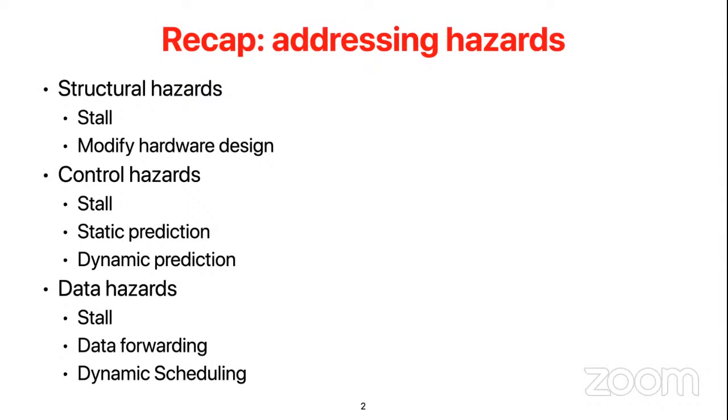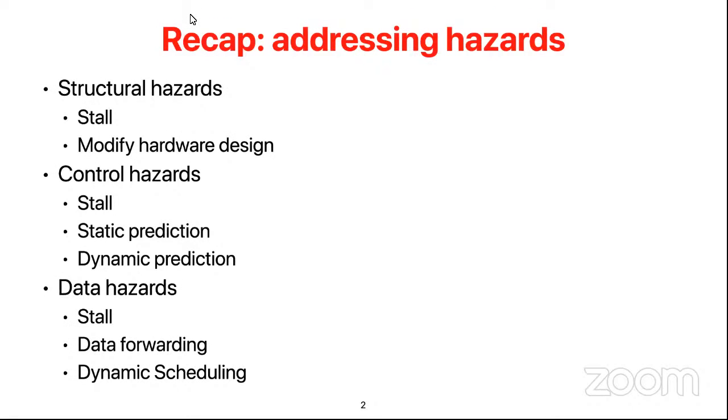However, it's so hard to achieve that because we have three different types of hazards. Structural hazard, meaning that the hardware is not allowing two instructions to access the same unit concurrently. Control hazard, meaning that we have an issue of determining which is the next instruction to fetch. And data hazards, meaning that we have a problem getting the input that we need for execution.